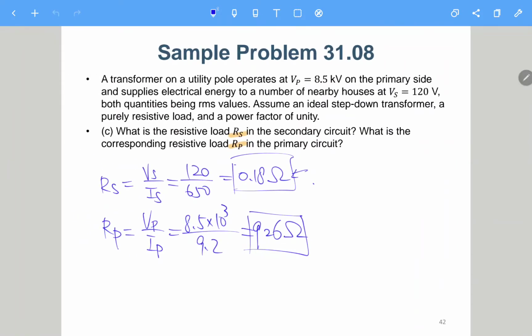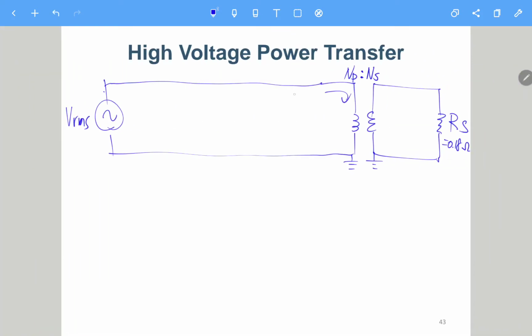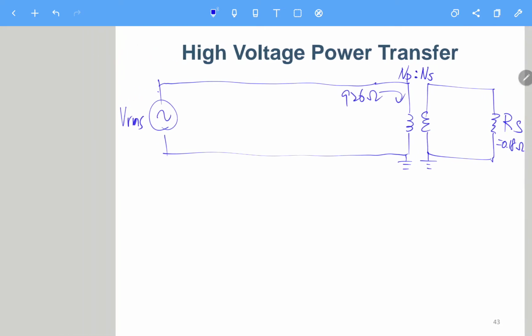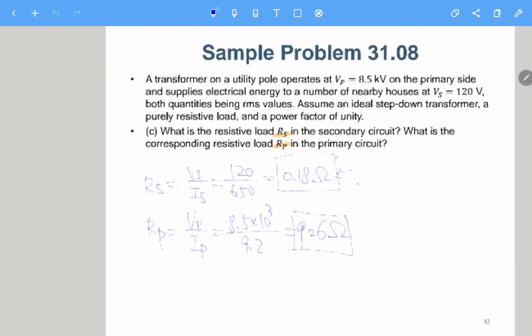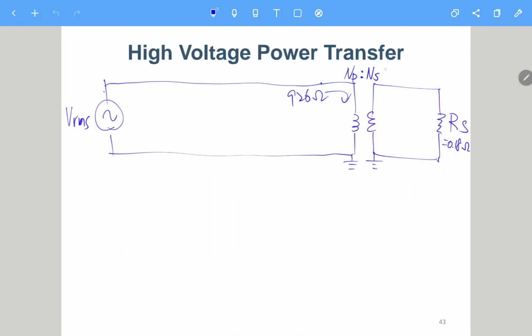And then here it is 926 ohm. Something like this. And VP over NP over NS is 70.8. So this is the turn ratio.